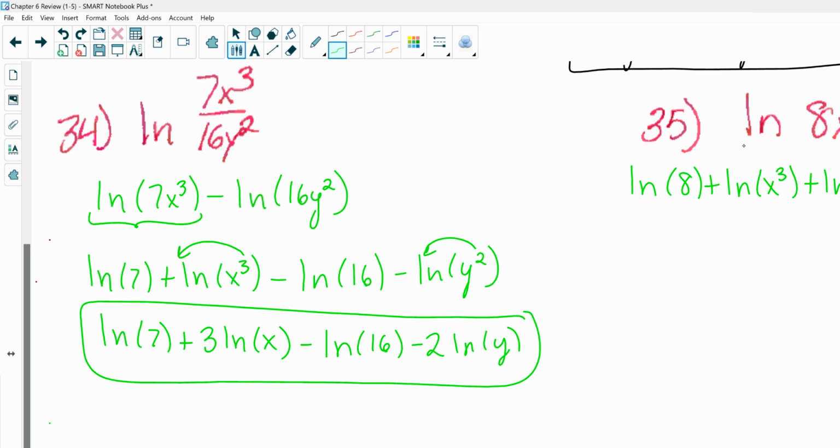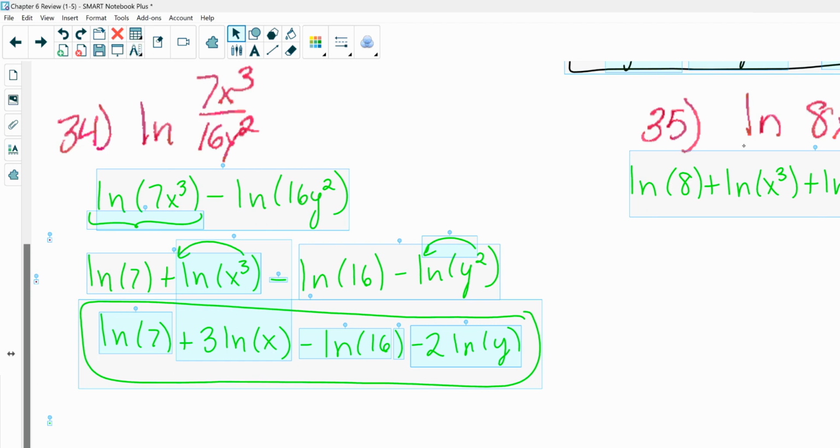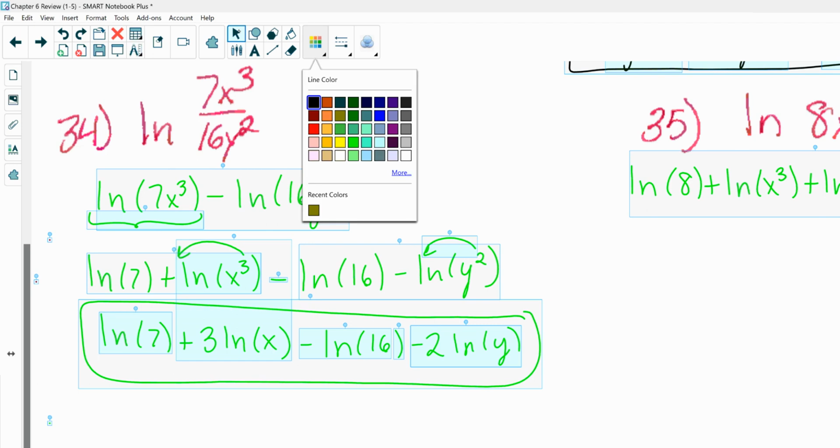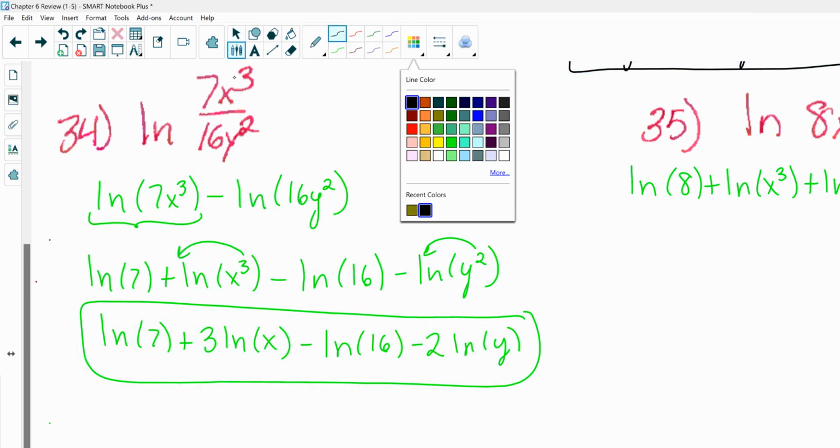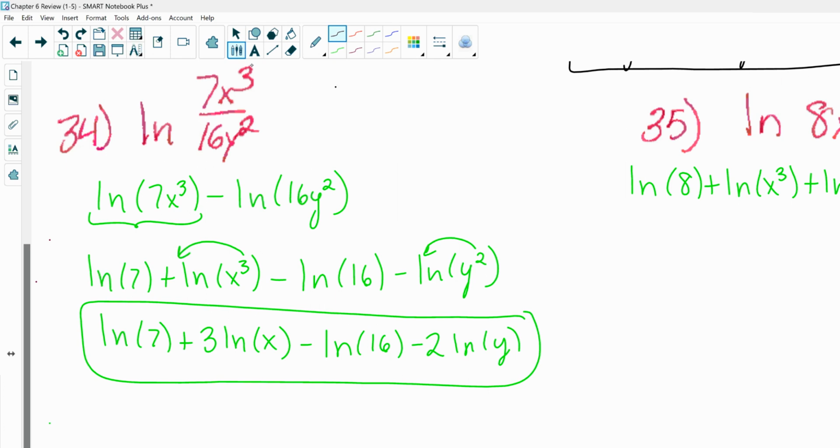We can go straight to product. Because we have two or more things multiplied together inside the logarithm, we can rewrite it as addition of each of those parts. So ln of 8 plus ln of x to the 3rd plus ln of y squared plus ln of z to the 4th. Because we can separate each part.